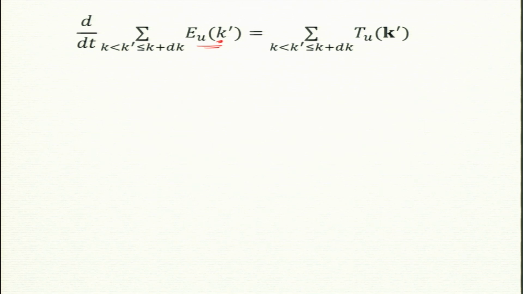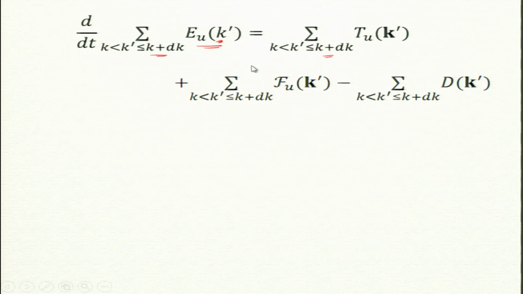So k' goes from k to k plus dk. I made a mistake: this should be k' and k', no more vectors. I am summing over shells, and a shell has a number.